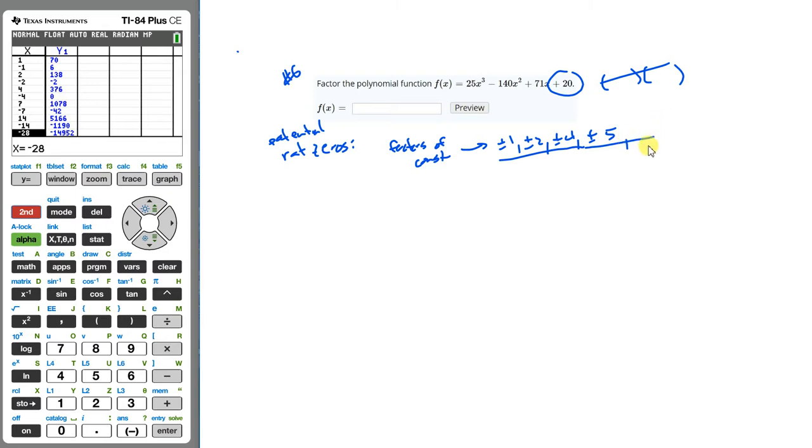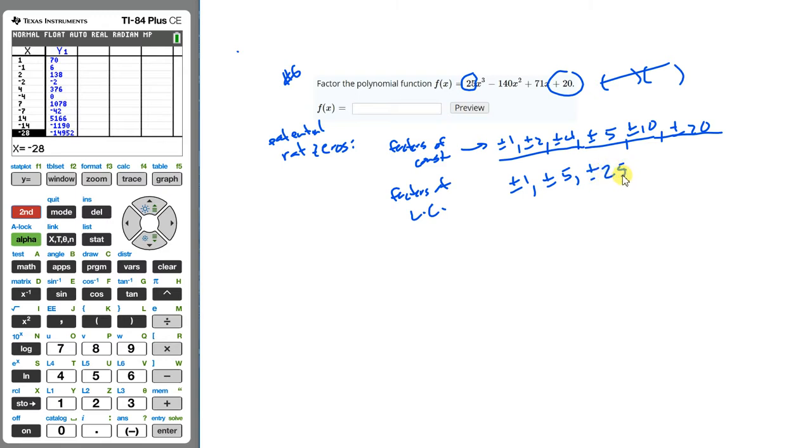It's not 6, not 7, not 8, not 10 goes in, right? And then 20. Okay, over the factors of the leading coefficient. So 25 is plus or minus 1, plus or minus 5, and plus or minus 25.